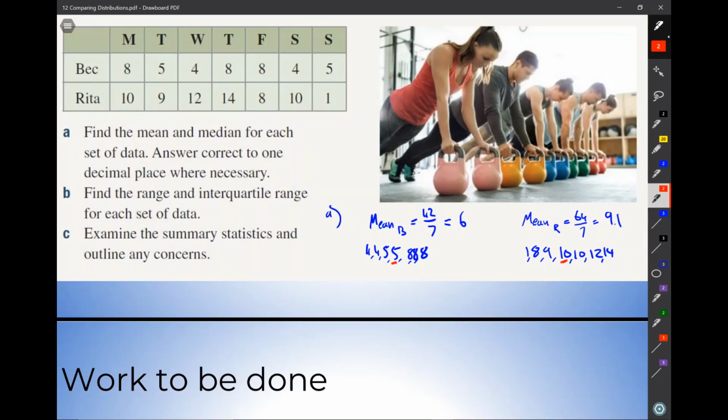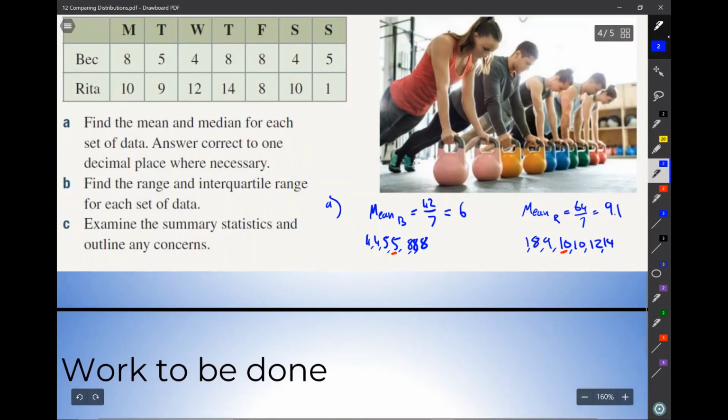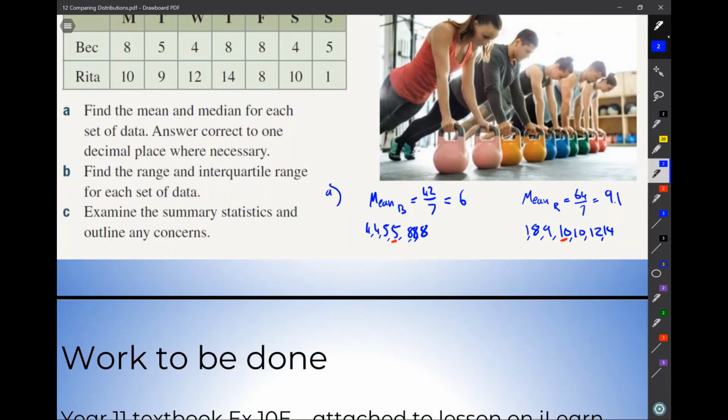Now we're looking for the range and interquartile range. So the range here for Beck is just 8 minus 4, 4. And the interquartile range is 8 minus 4 again.